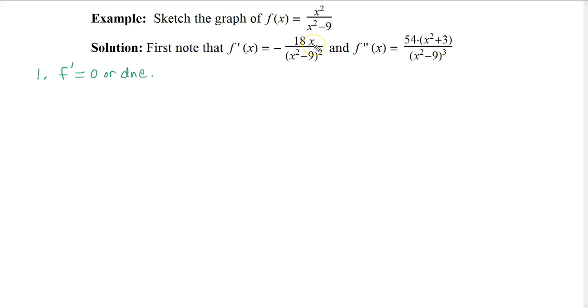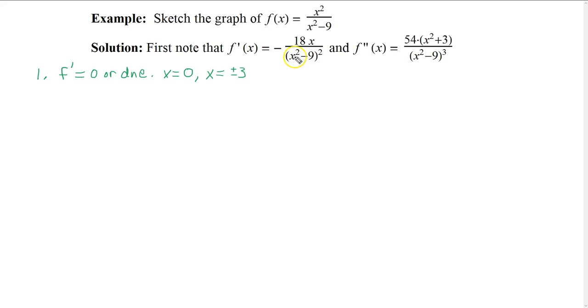So setting 18x equal to 0, we get that x equals 0, of course. And the derivative does not exist when the denominator is equal to 0, and that's when x² minus 9 is equal to 0. So x equals plus and minus 3.